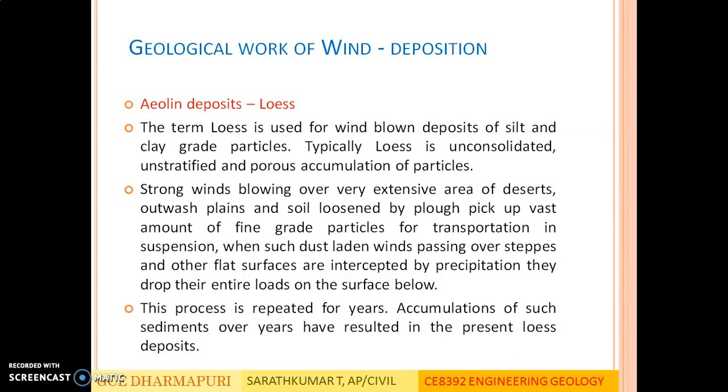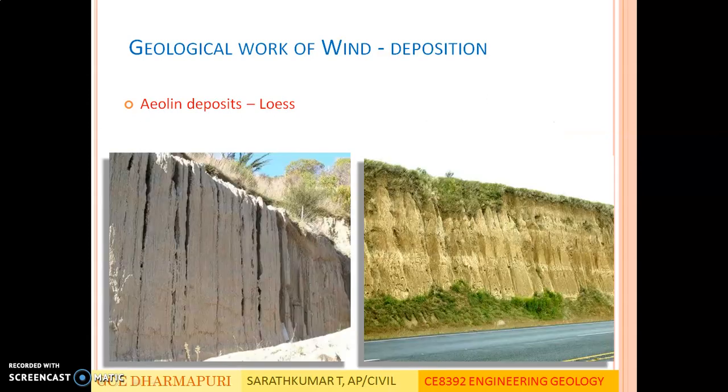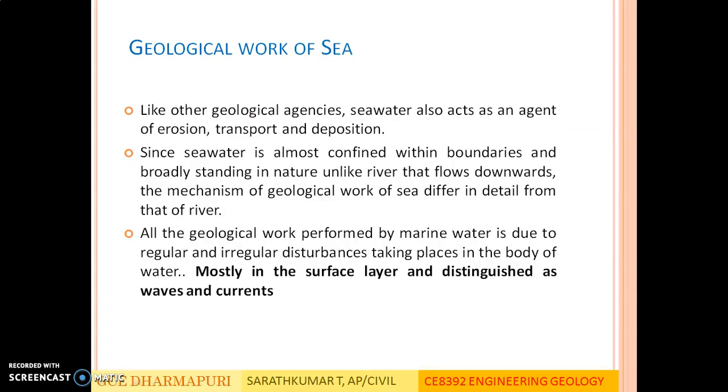When such dust-laden winds passing over steppes and other flat surfaces are intercepted by precipitation, they drop their entire loads on the surface below. This process is repeated for years, and accumulation of such sediments over years has resulted in the present loess deposits. These are examples of loess deposits.